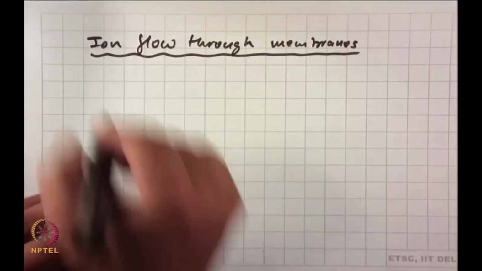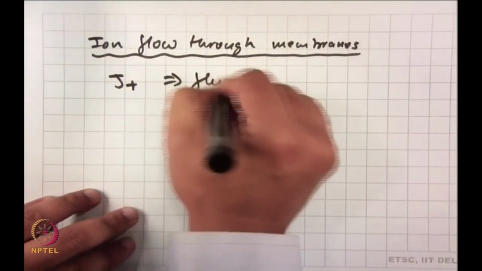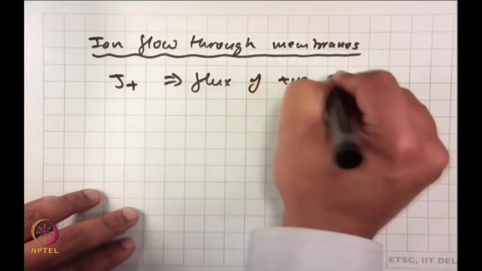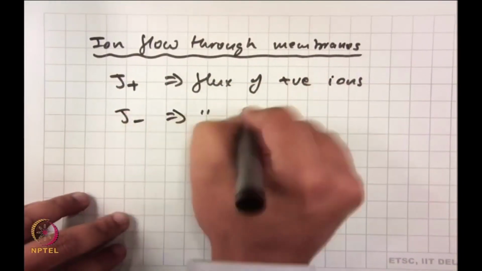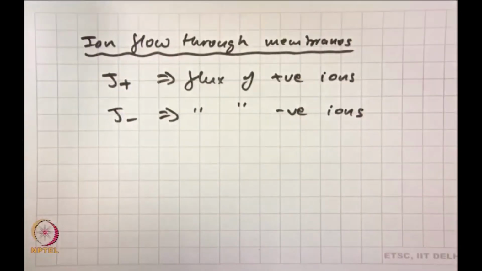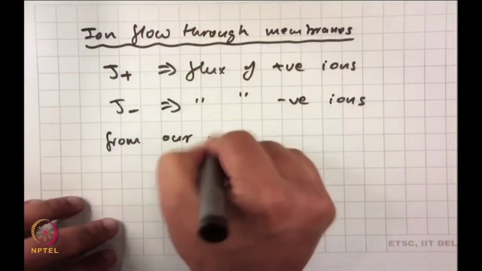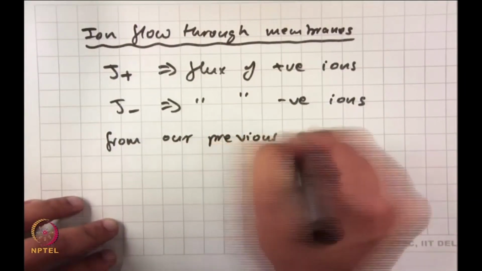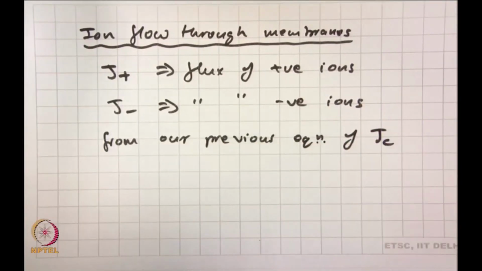Now, if you say that the flux of positive ions is J plus, and the flux of negative ions is J minus, then the equation we had before from our previous equation of J C. Can you tell me what the equation number for J C was, which we did in the last class?